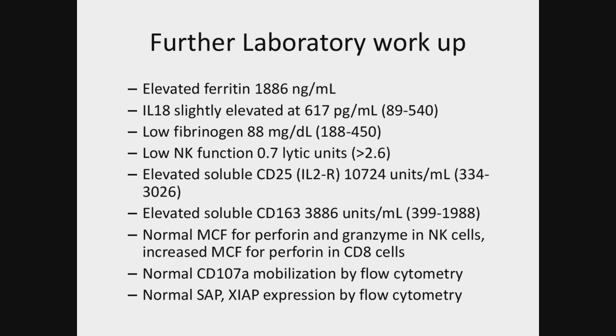The patient had normal mean cellular fluorescence for perforin and granzyme in NK cells. It was slightly increased for perforin in CD8 cells. Normal CD107a mobilization and normal SAP and XIAP expression by flow cytometry.